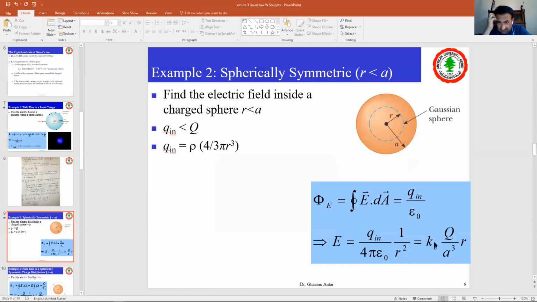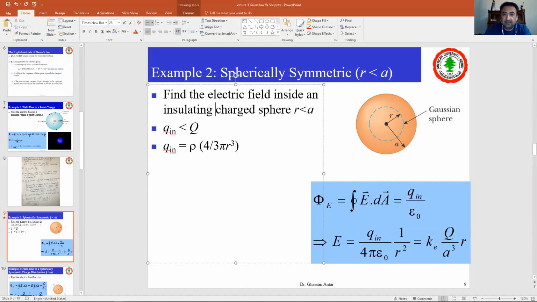Let's consider now an insulating sphere. Find the electric field inside an insulating charged sphere, so basically at r smaller than a.